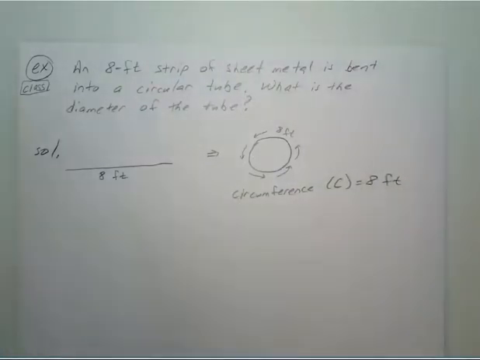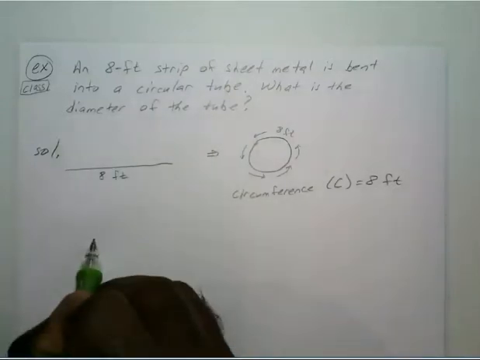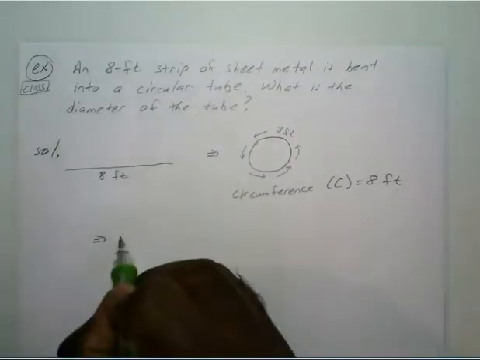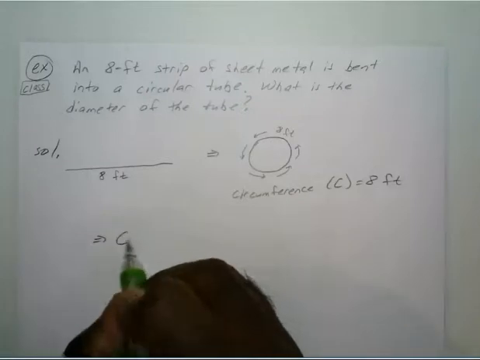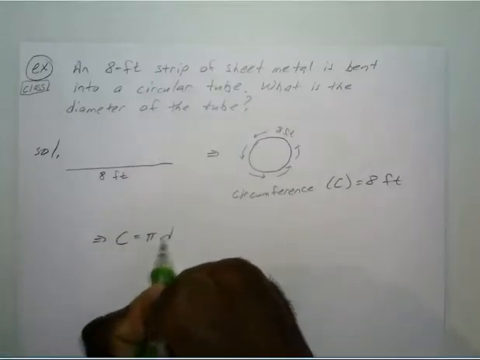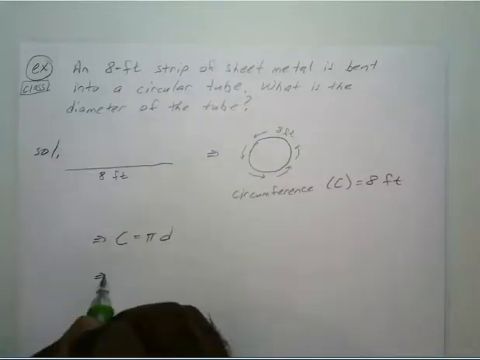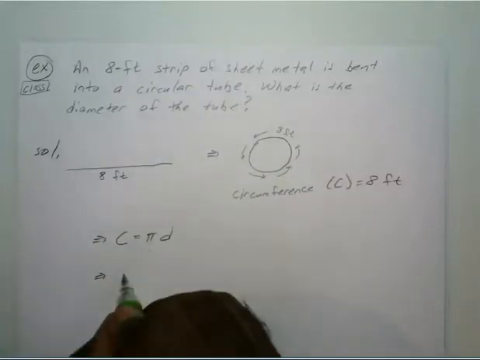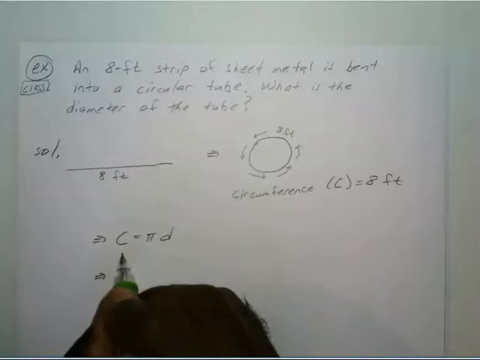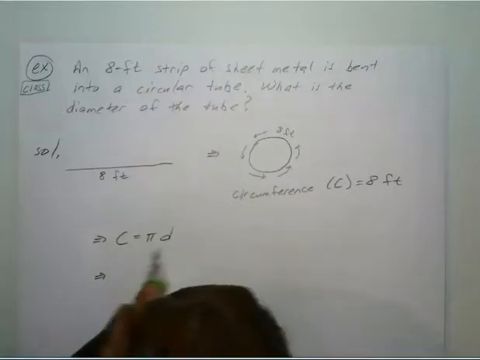Okay, and they want us to find the diameter. So we know that the circumference is equal to pi times the diameter. But if we solve for the diameter, if we divide both sides by pi, we get the diameter equals C divided by pi.